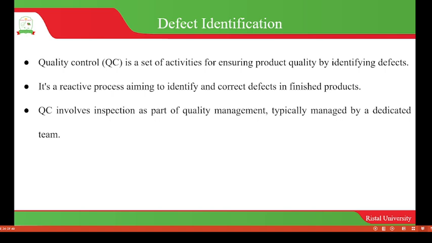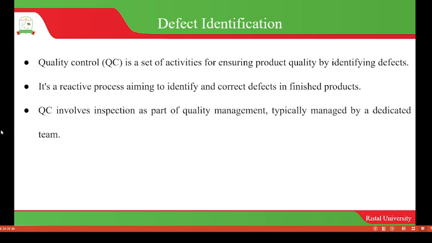The defect identification. When we are talking about quality control, we said it is focusing on the identification of defects or faulty products. So quality control is a set of activities for ensuring product quality by identifying defects.